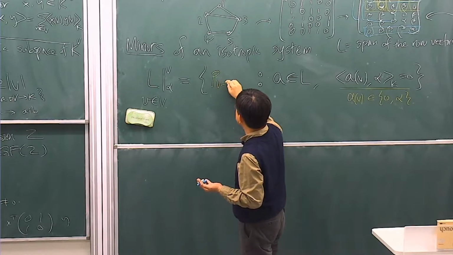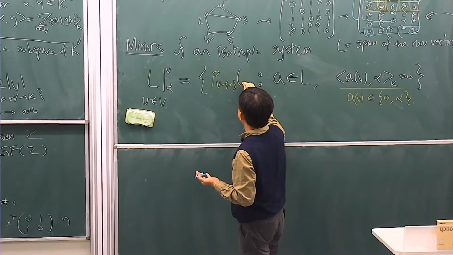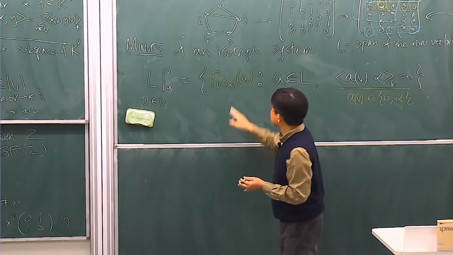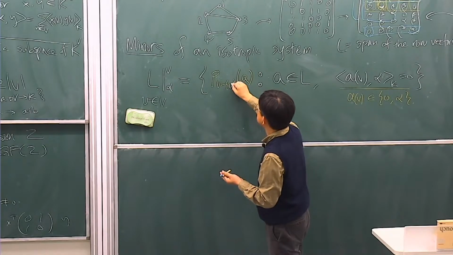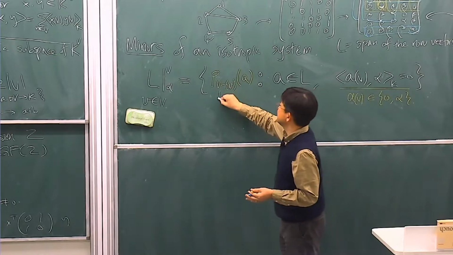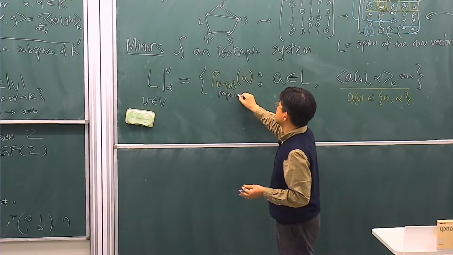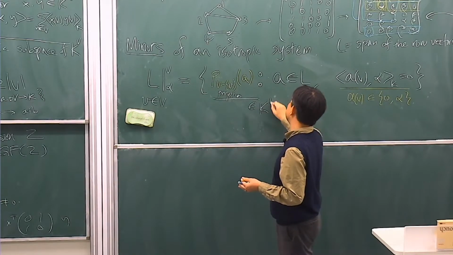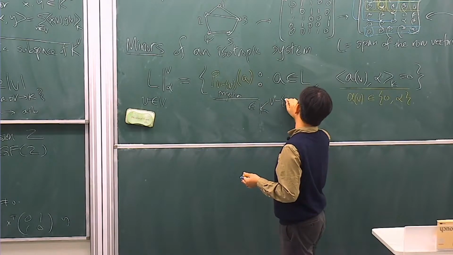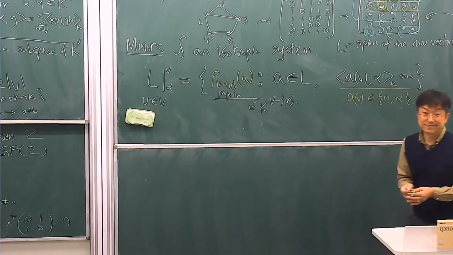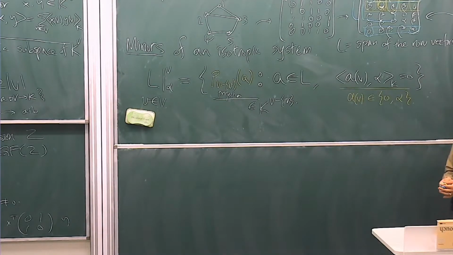Let me write it this way. Oh, not alpha, it's v. So this is a projection, a vector in K to the V minus v.